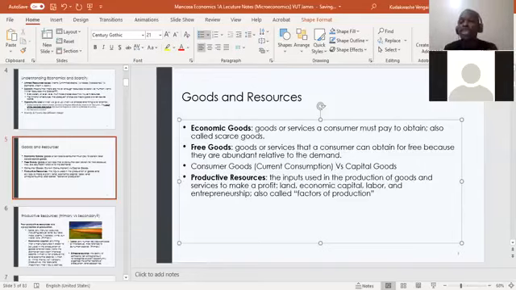So bread, for example, is a final good, but wheat is an intermediate good because you don't consume wheat, you don't eat wheat. The only thing you use wheat to do is to produce other things. Whether they're going to produce alcohol with the wheat or whether they're going to produce bread with the wheat, you have to produce something with the wheat. So wheat is an intermediate good.